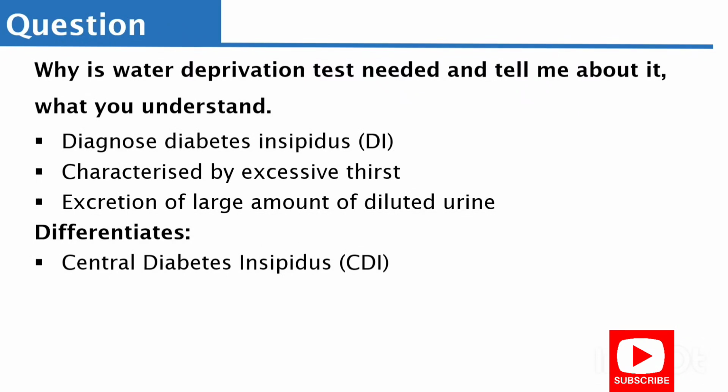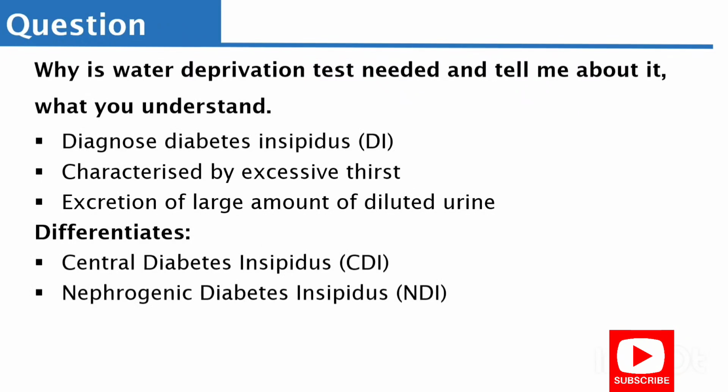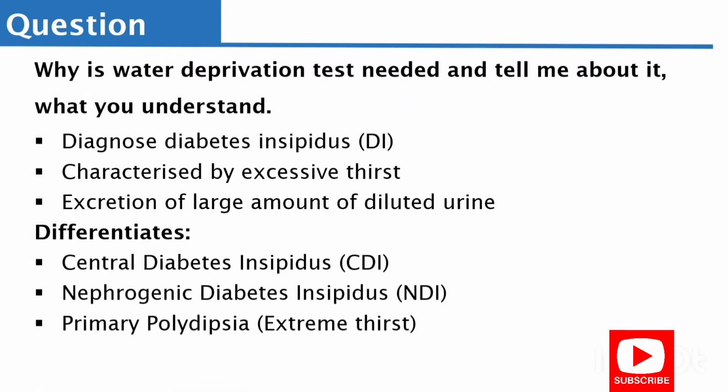There is a huge difference there. They are not necessarily the same. So this water deprivation test can help to differentiate central diabetes insipidus from nephrogenic diabetes insipidus, and of course primary polydipsia, which means extreme thirst, when someone uncontrollably continues to feel extreme thirst, feeling like they want to drink.